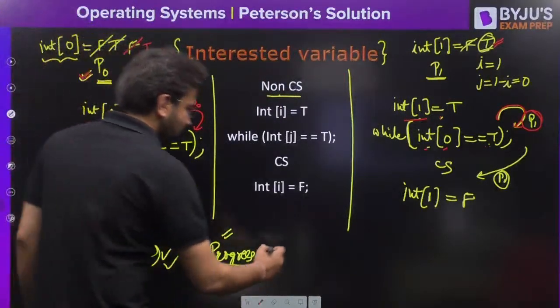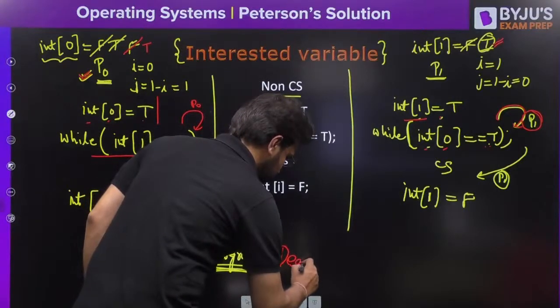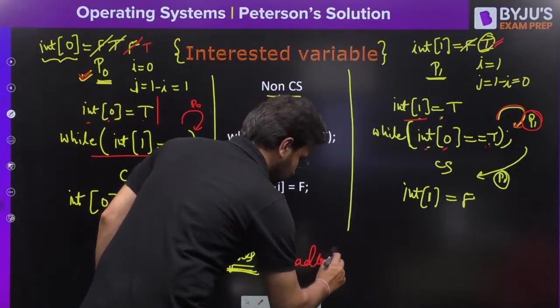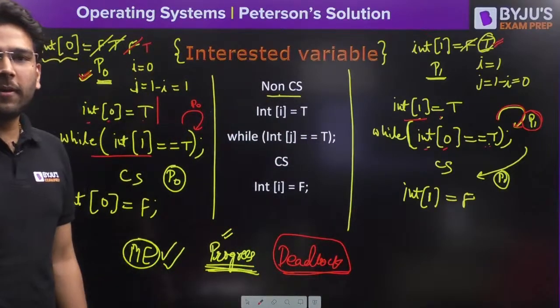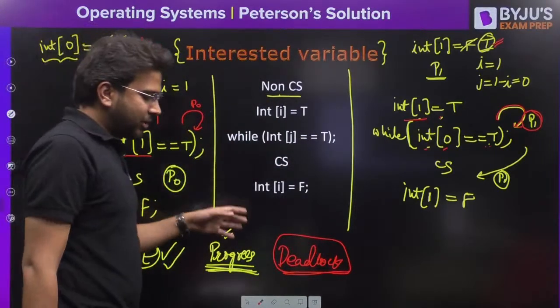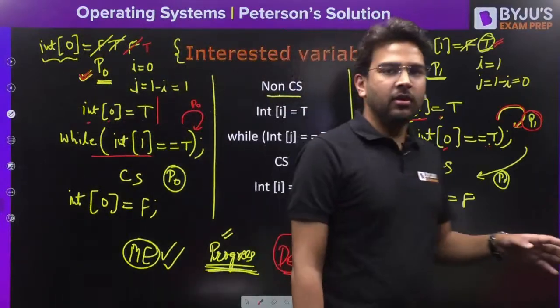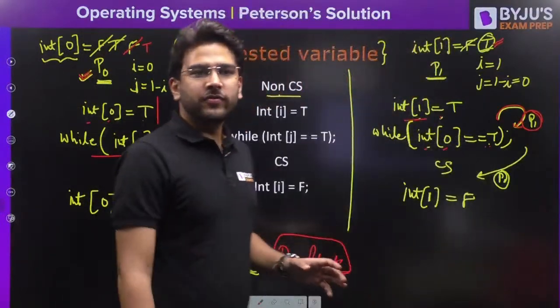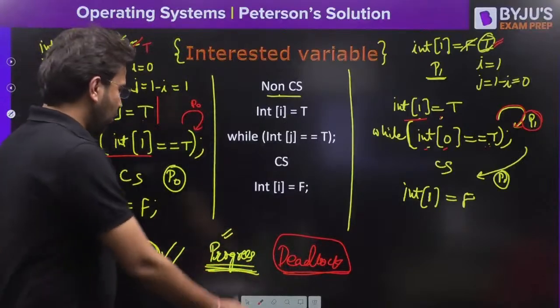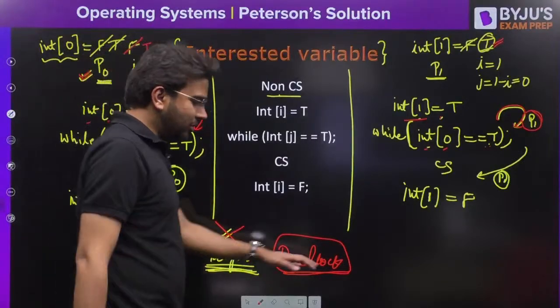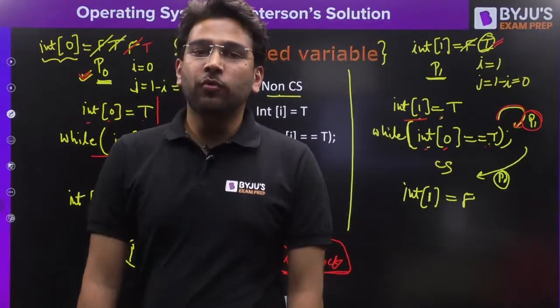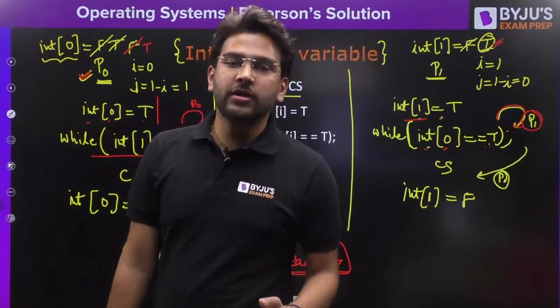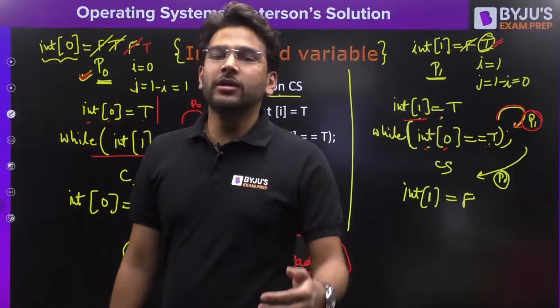So can we say we have the possibility of deadlock in this case, yes or no? So if there is possibility of deadlock, can we have progress satisfied? No. So in this case, due to deadlock, say in most of the resources online, if you refer, you will find that in case of interested variable, they say progress is satisfied.